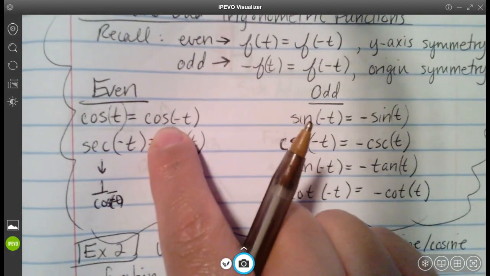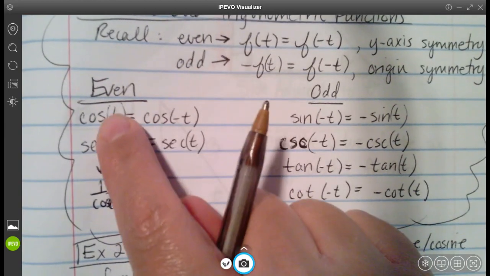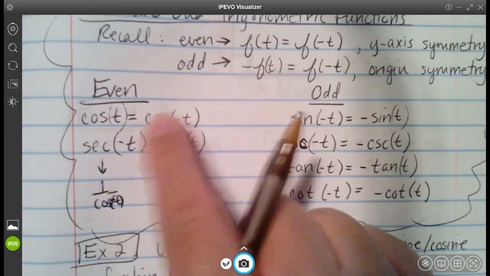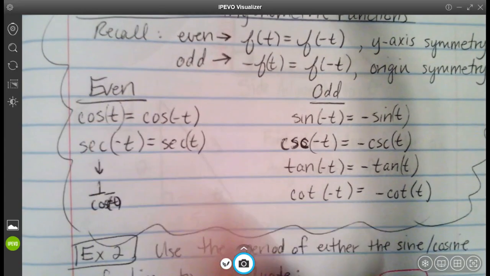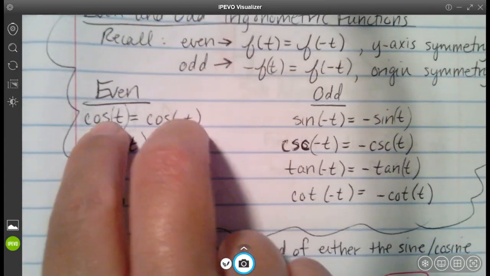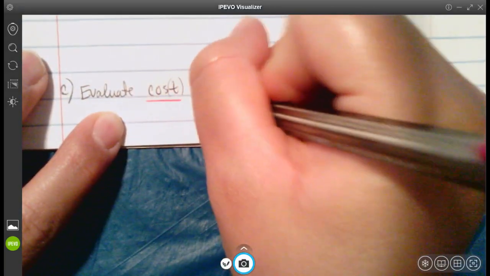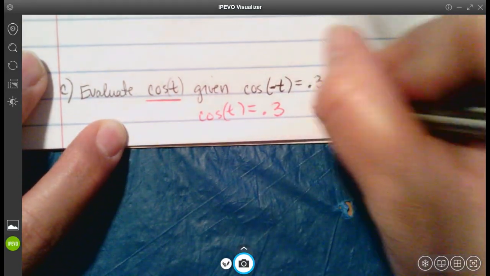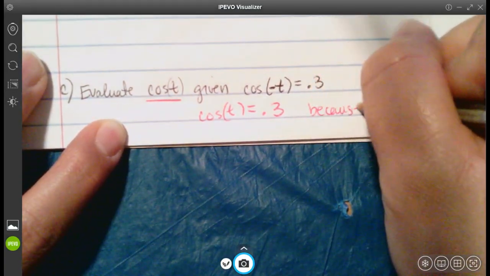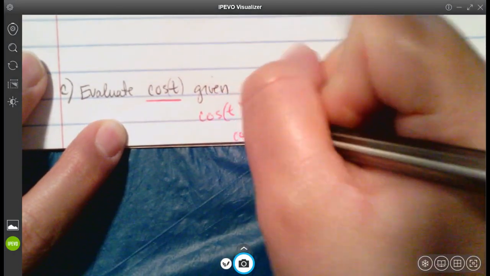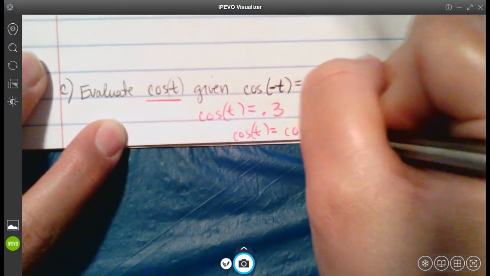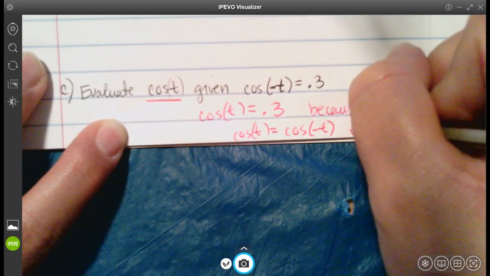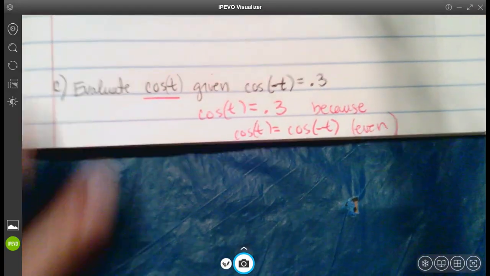Well, I do have this one, and it tells me that since cosine is even, if I have this value, then I have this value, meaning they are the same. So if cosine of negative t is 0.3, then cosine of t is also 0.3, because cosine of t equals cosine of negative t since they are even functions.